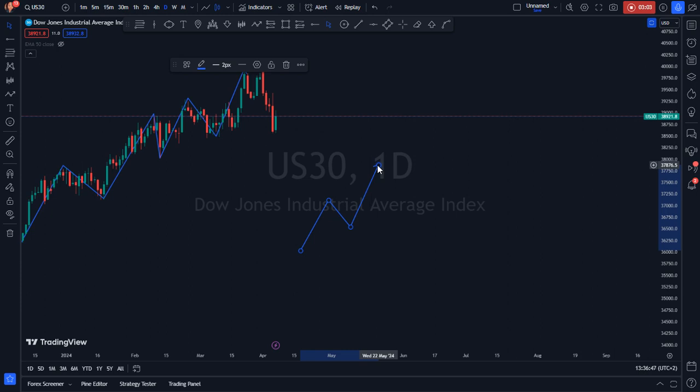Okay, let me do it this way to be interesting. So if we have impulsive correction, and then the market gives you impulsive, something like a head and shoulders, a beautiful head and shoulders, but I don't want to do the big one.